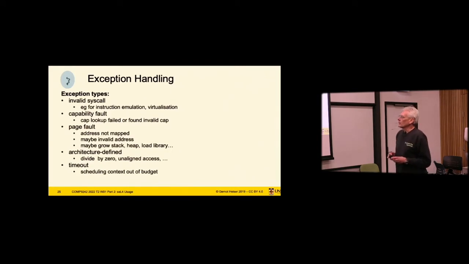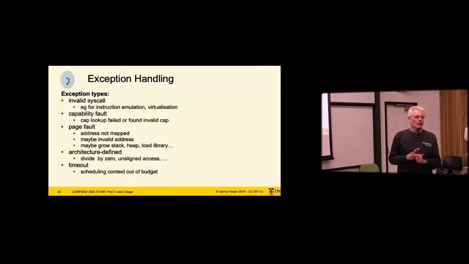For exception handling, first there are different exception types, and most of them are basically modeled the same way. The nice thing about being verified is you always know what they are, because it's well defined what kinds of exceptions exist.